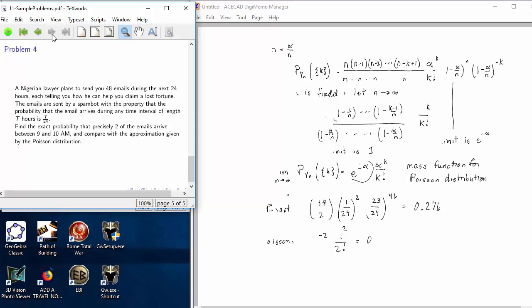E to the minus 2 is 0.135. 2 squared over 2 factorial is 2, and I get 0.270. Pretty good approximation to 0.276.